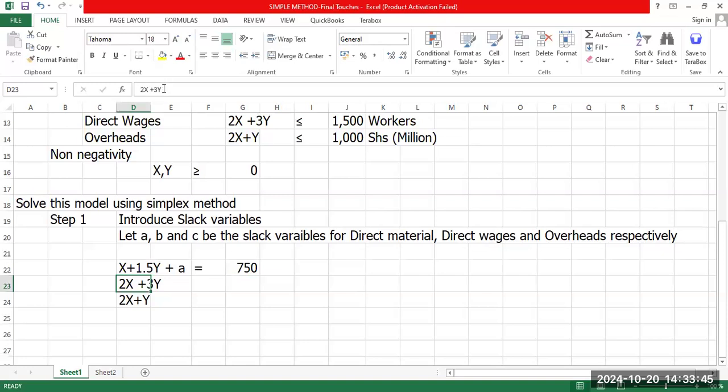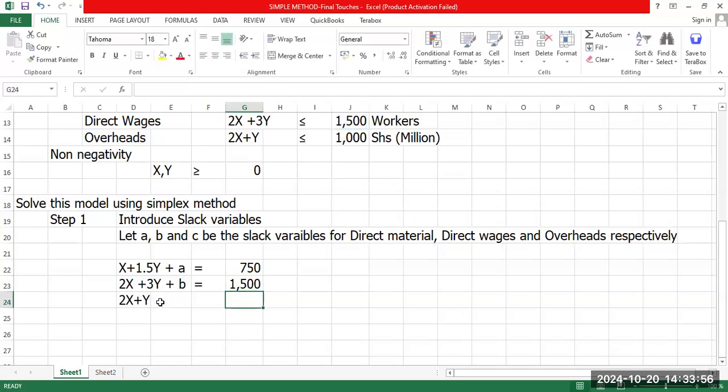Then also here you add B for the next one, and say this one is equal to 1,500. Then here you will add C and say this is equal to 1,000.